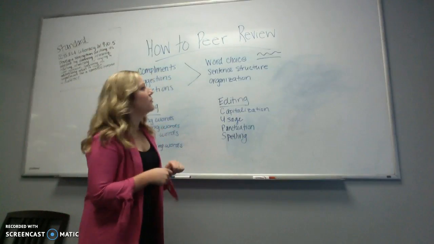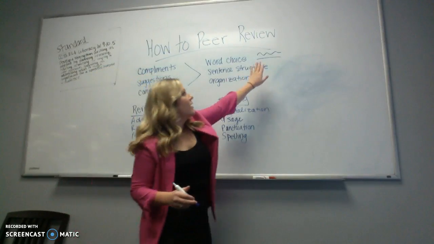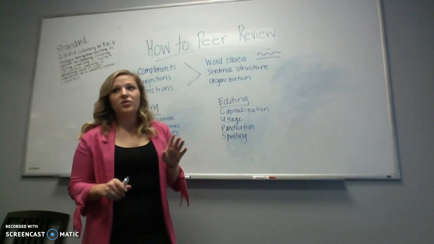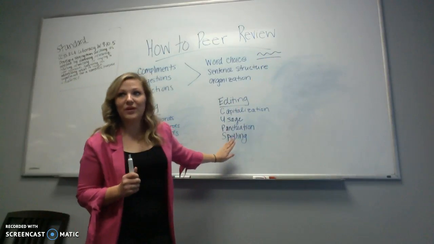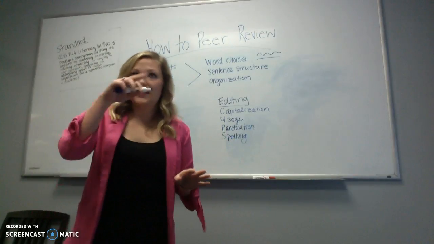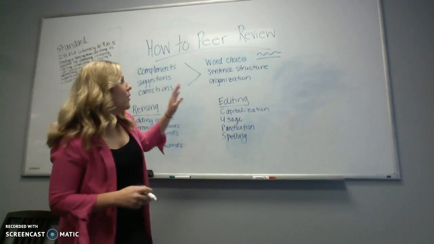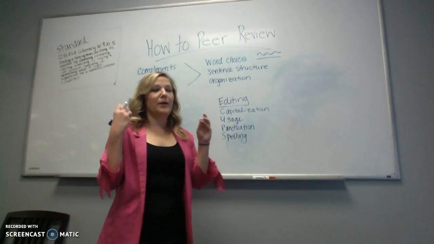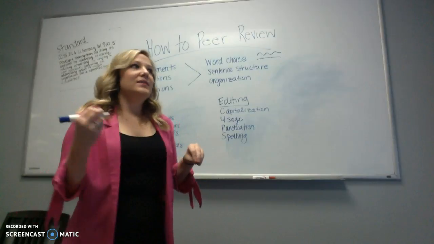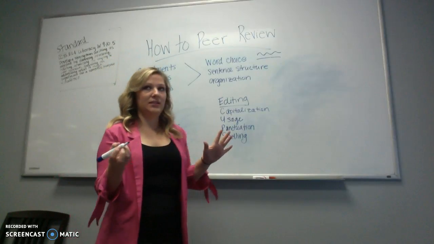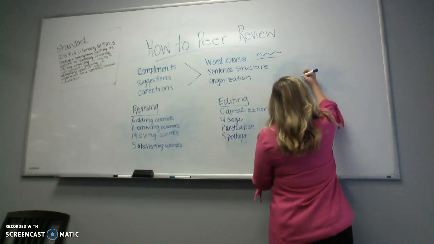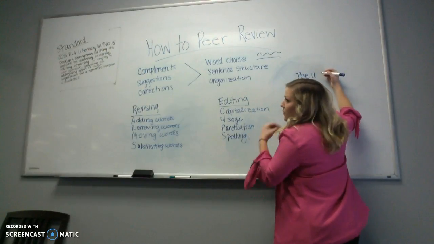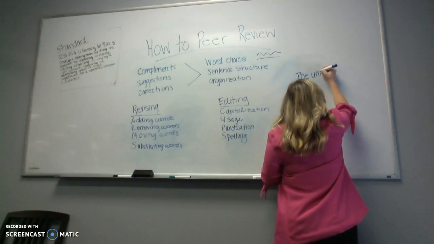Okay, so let's first talk about right here. I wrote a squiggle on a straight line by word choice. So going back to when you have a word spelled wrong in Word, that little red squiggle will come under there. Well, we are going to use our red squiggle for when we think about word choice. So let's say we have a sentence. I'm going to use this sentence for multiple examples.